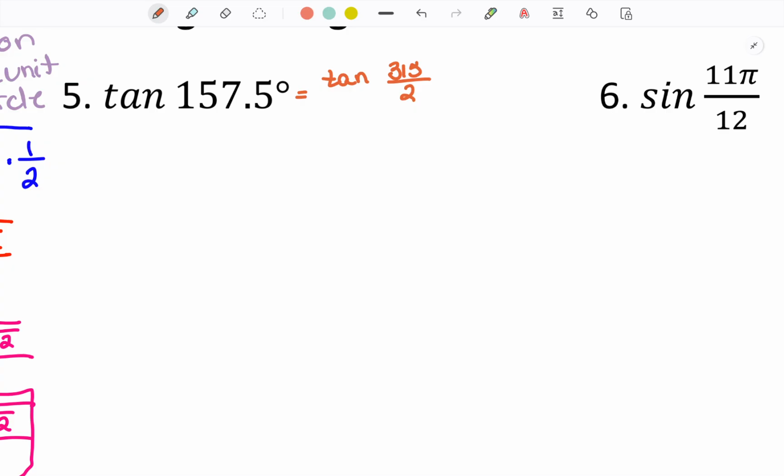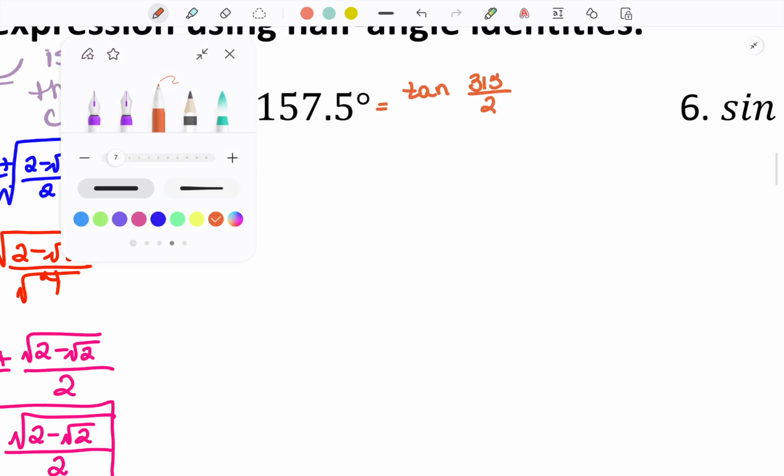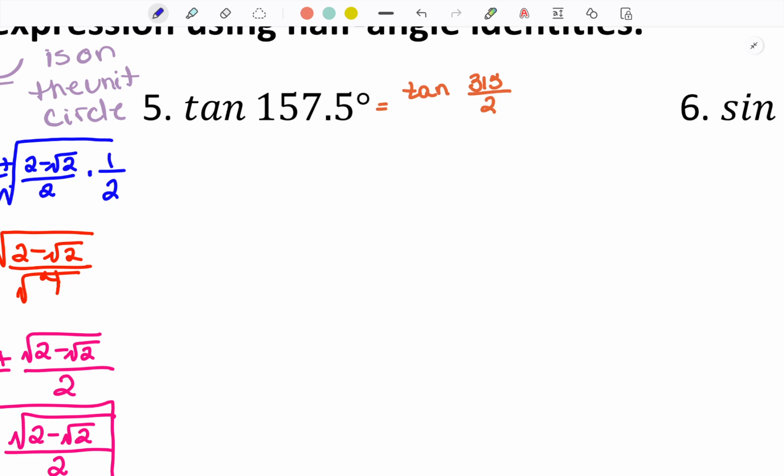And so for this one, I am not going to use the identity that has the square root because I don't have to. Actually, I'm just going to write that identity first. I'm going to use my sine theta over 1 plus cosine theta.